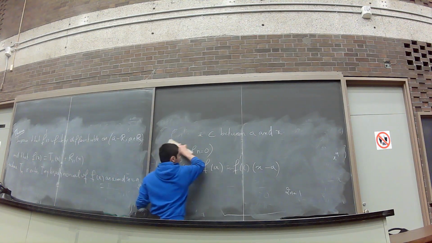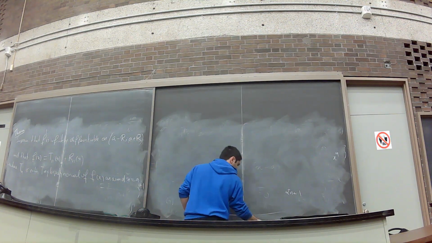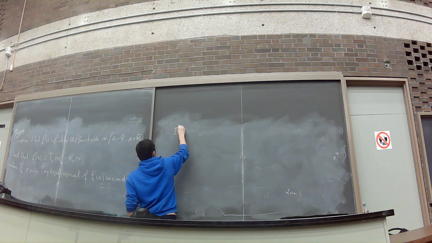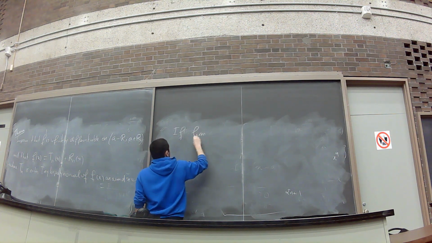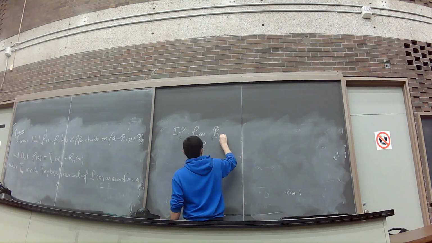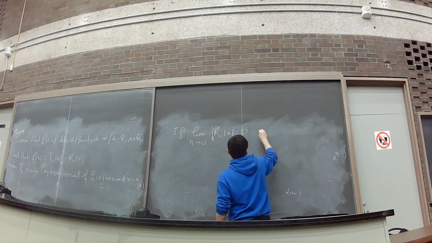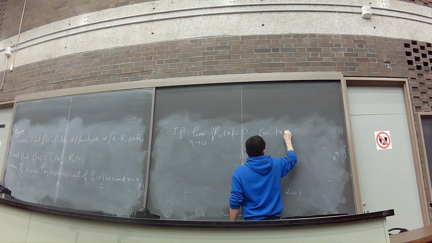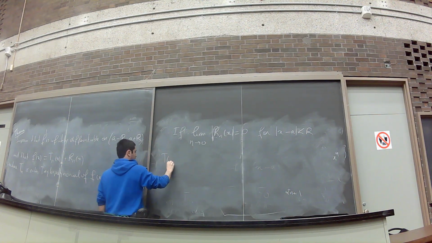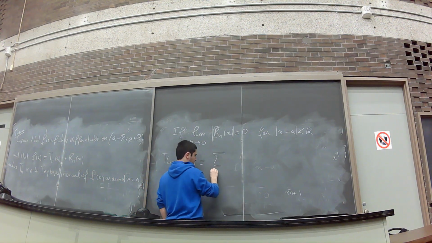If the limit as n goes to infinity of Rn of x is equal to 0, for absolute value of x minus a less than r, then f of x is equal to some series.